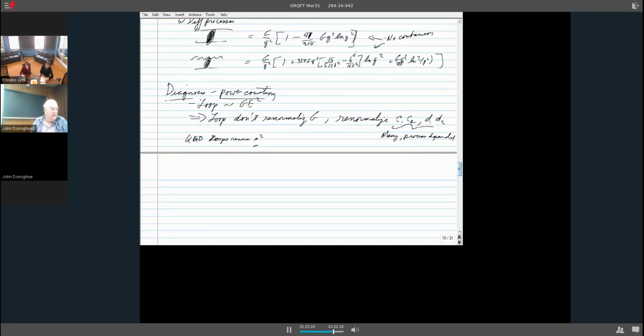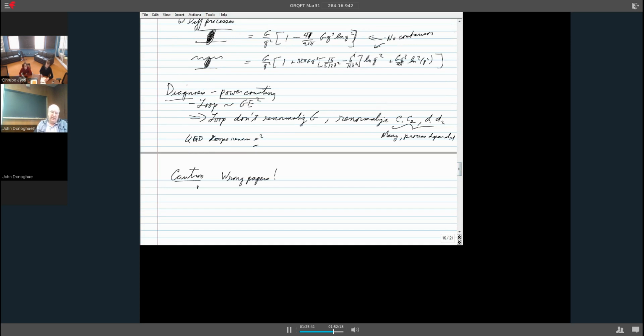And there's an easy diagnosis, if you know effective field theory, which is power counting. Remember, loops have an extra power of G E squared each time you do it. We've seen that.